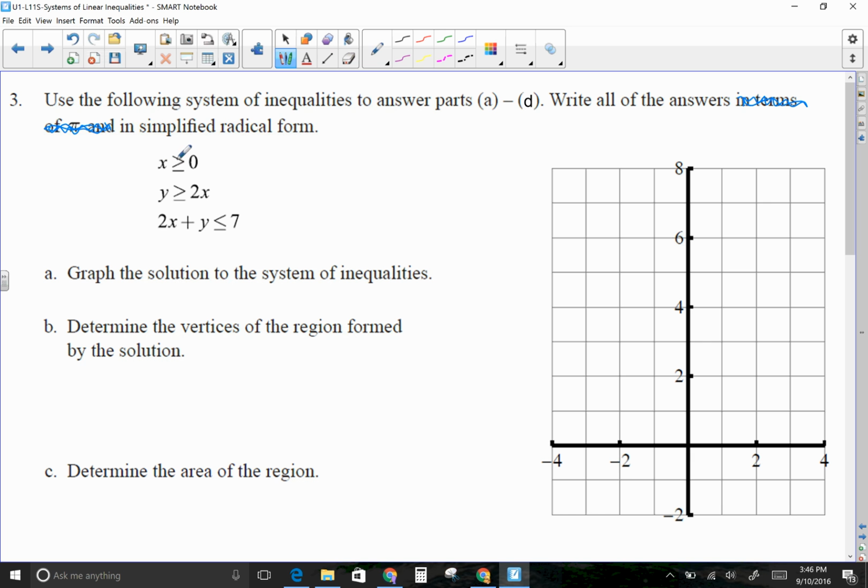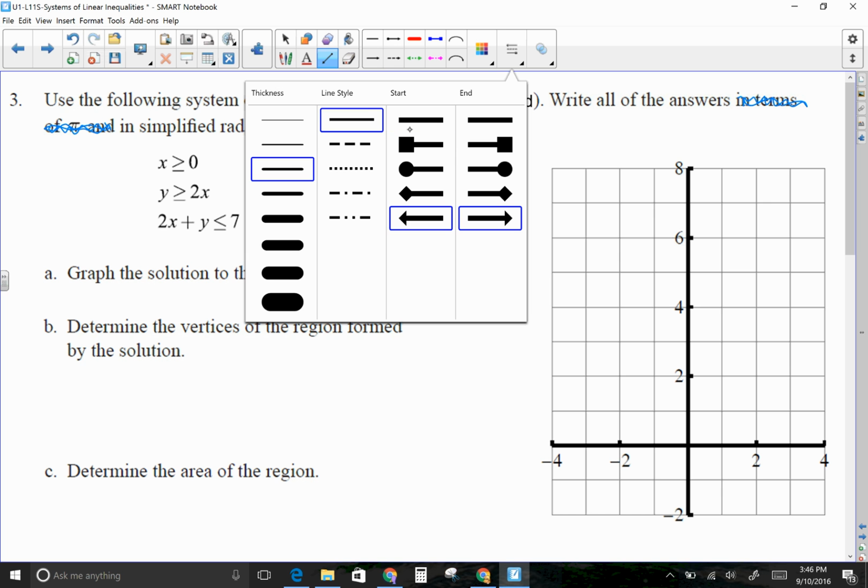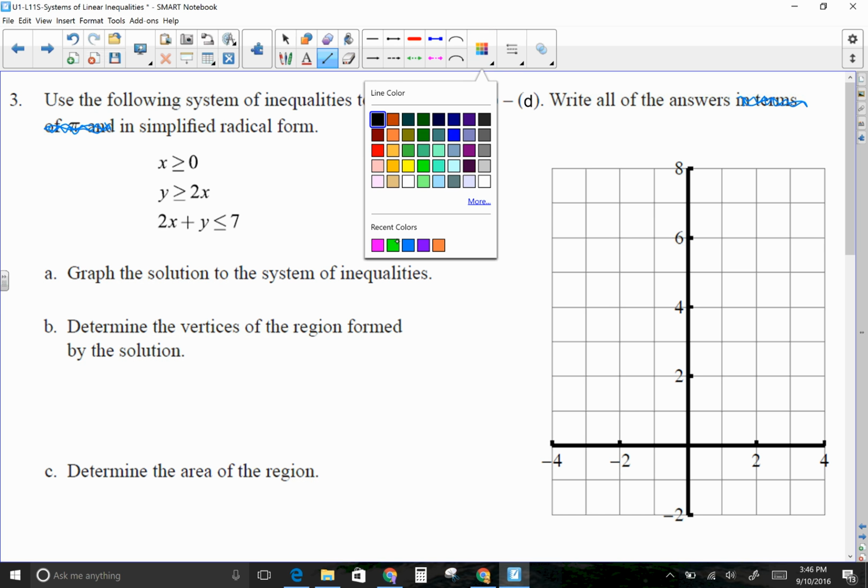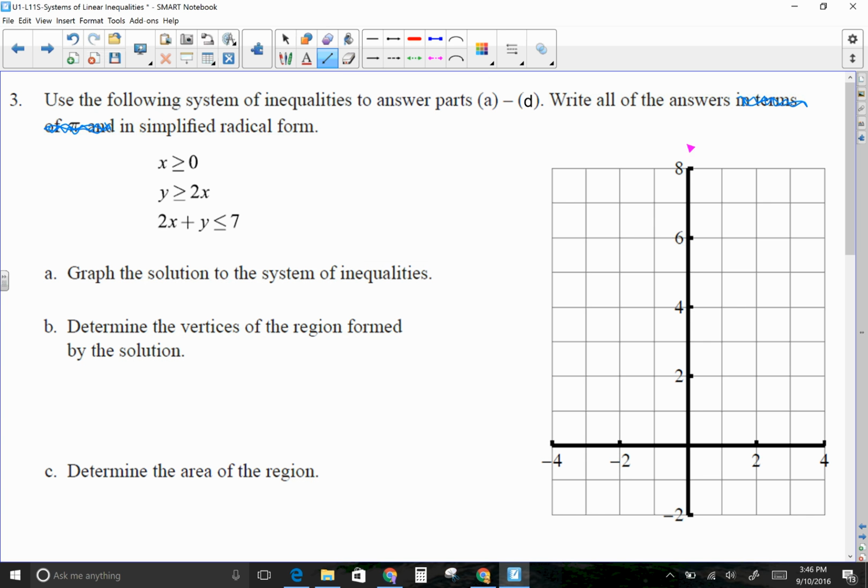So to graph x is greater than or equal to 0, I have a line. Let's go with this. Needs an arrow on both ends. And I'm going to choose a color. Let's go with that one. And it looks like this. That is x equals 0.